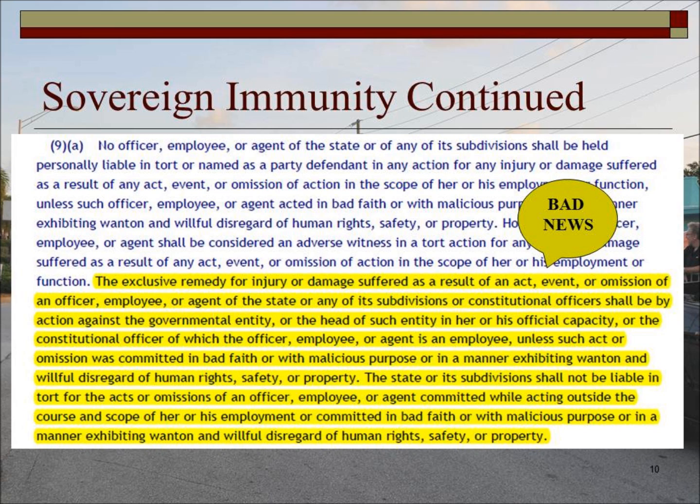So it prevents most torts. But if it falls in this category, then torts can occur and the recovery can be limited to $200,000.